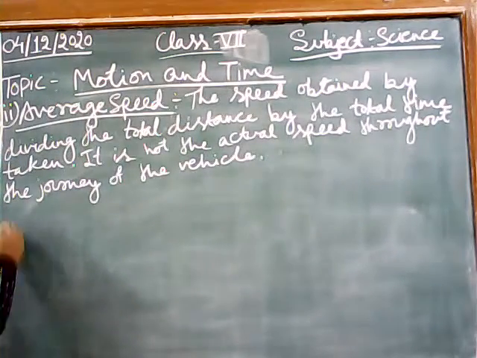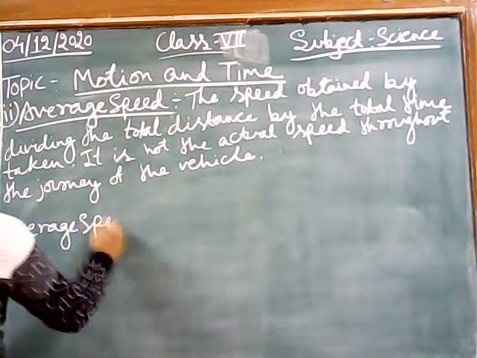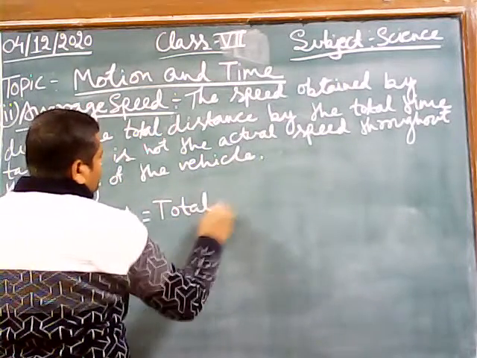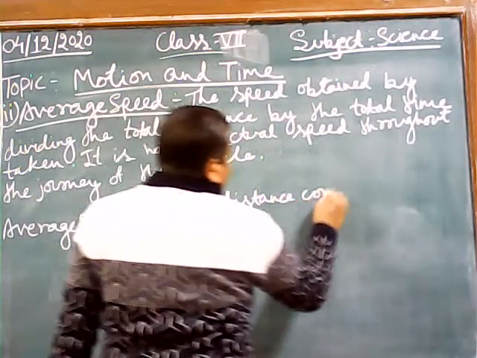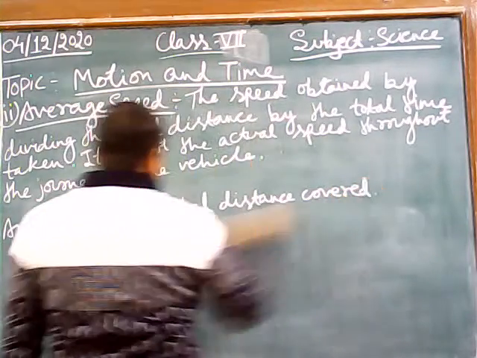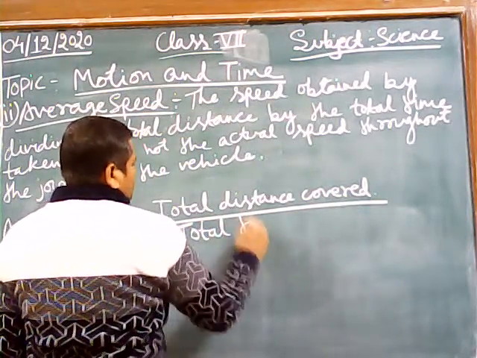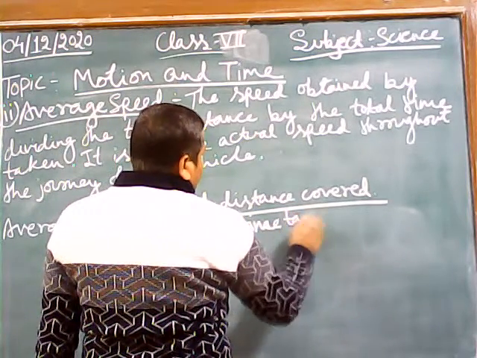Average speed can be calculated as the total distance covered upon total time taken. Okay children?